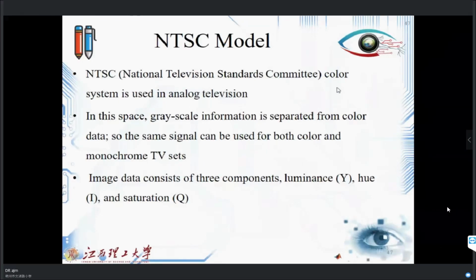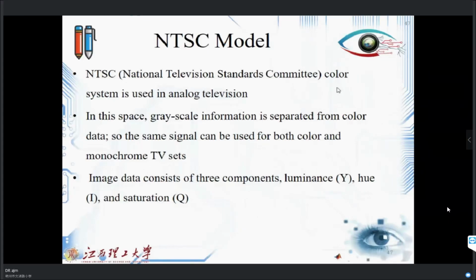But in this model or in this space, the grayscale information is separated from the color data, and the same signal can be used for both color and monochrome TV sets.